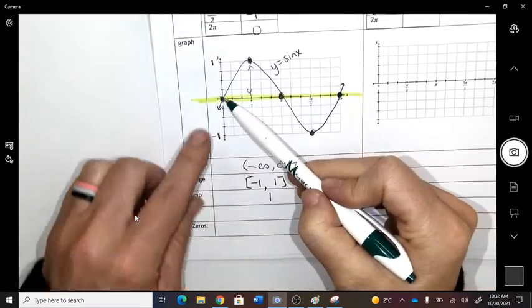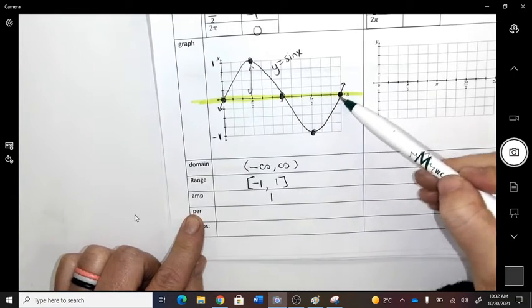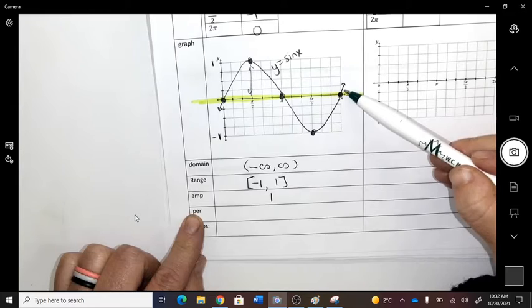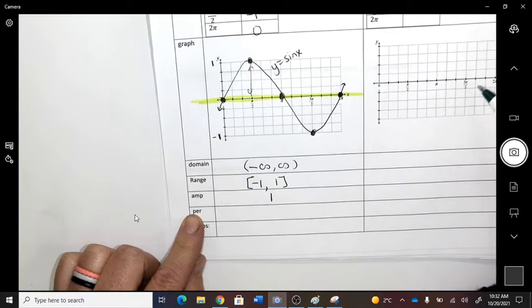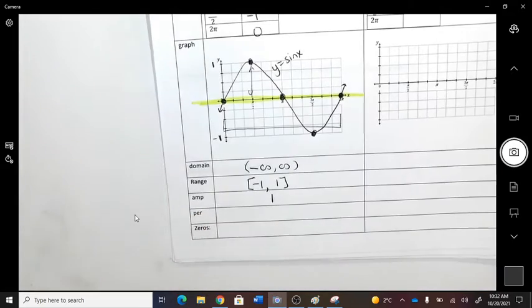If I started here at 0, I'm doing a pattern, a pattern, a pattern. Once I hit here, my pattern just starts repeating another cycle. So how long did it take me to get through one cycle?